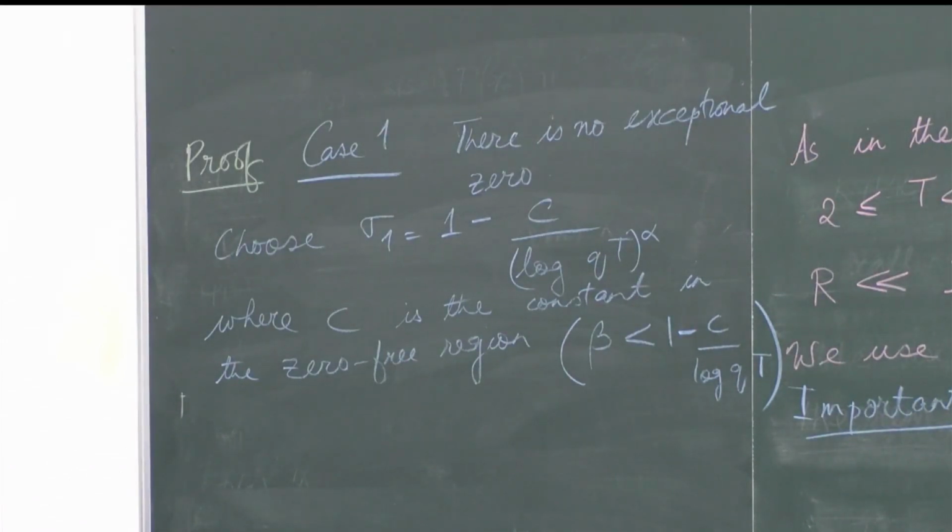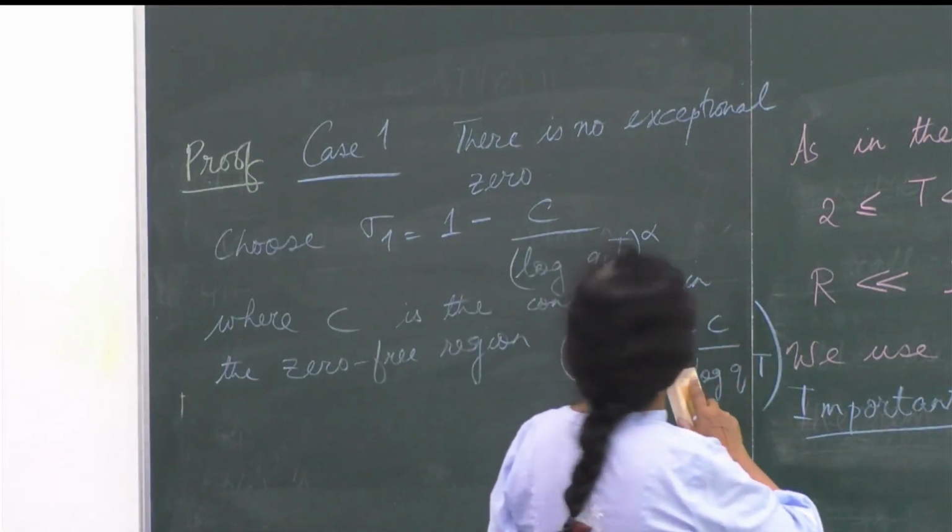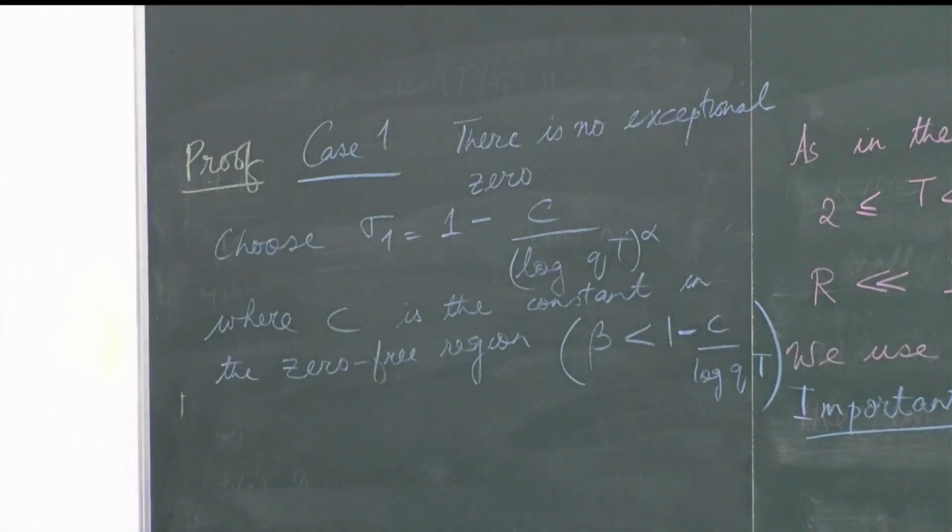Now, either chi is non-principal or chi is principal. So suppose chi is non-principal, what happens? Remember my integrand: it was the integral of L prime by L, x bar s by s, and we are on this contour.